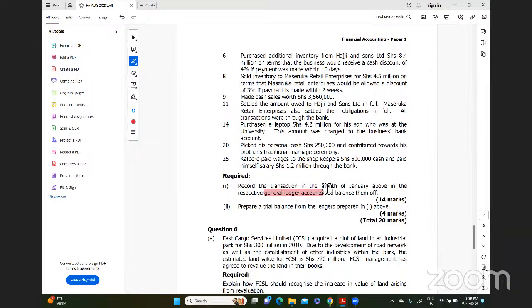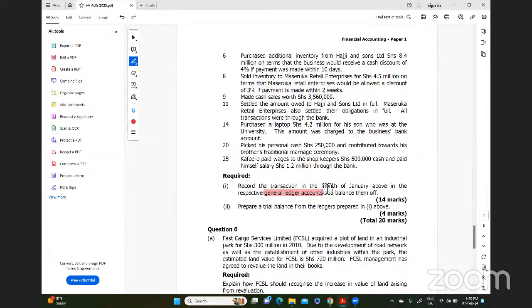We say that we have two types of ledgers. We have a general ledger and we have subsidiary ledgers. Now, the examiner is so specific. The examiner wants general ledger accounts. Are we together? So meaning, even if you find, for example, this business is buying goods on credit from ABC Limited, you're not going to draw ABC Limited's account or ledger.